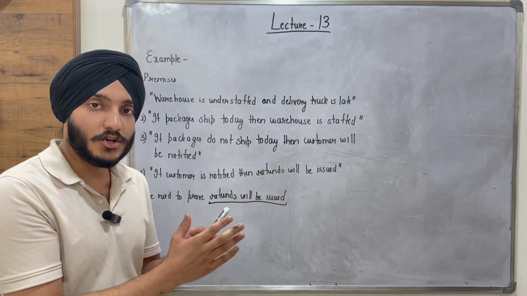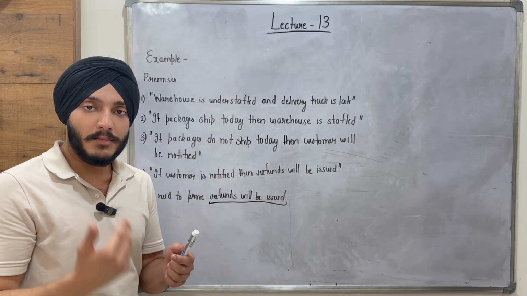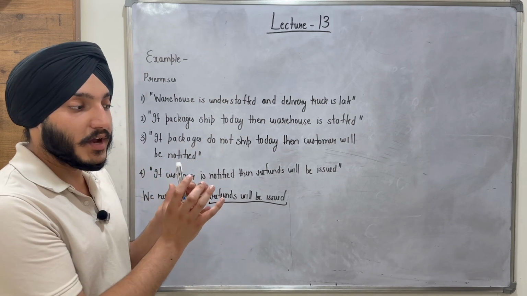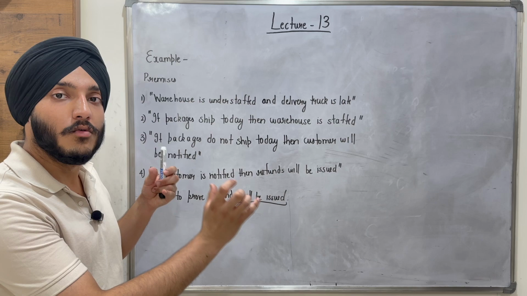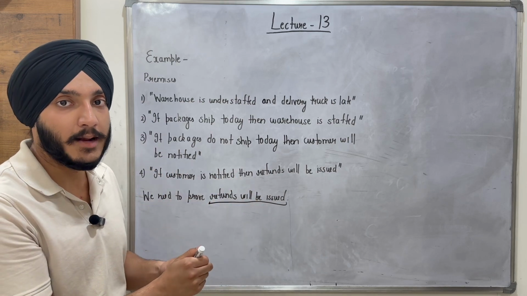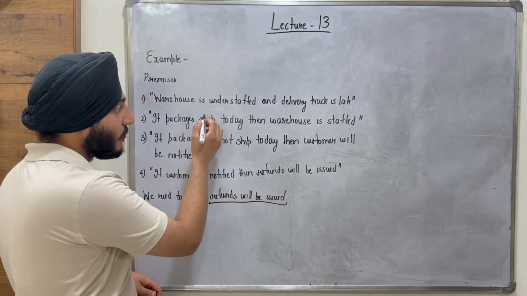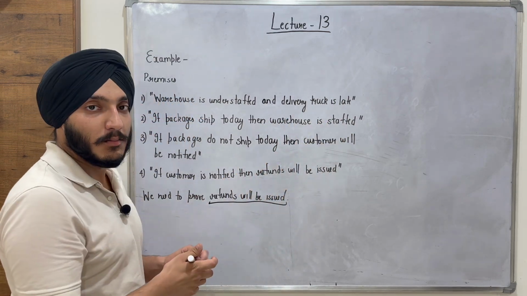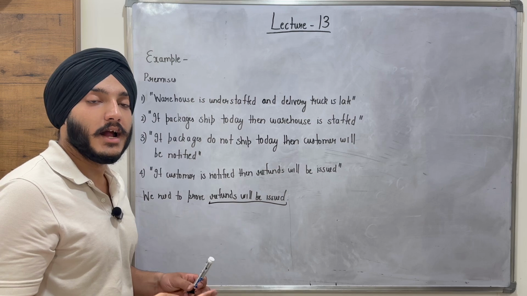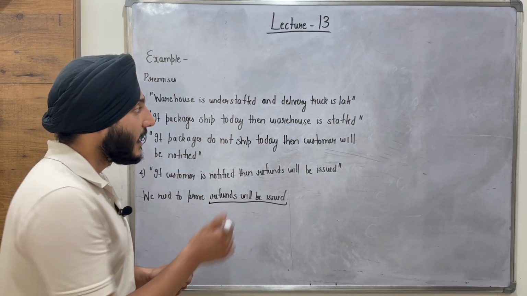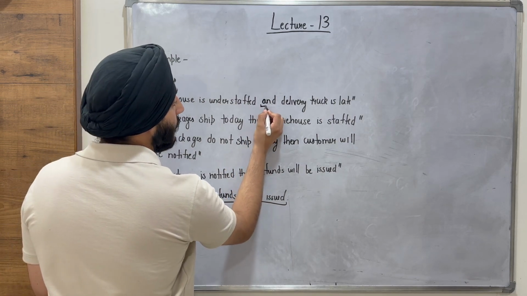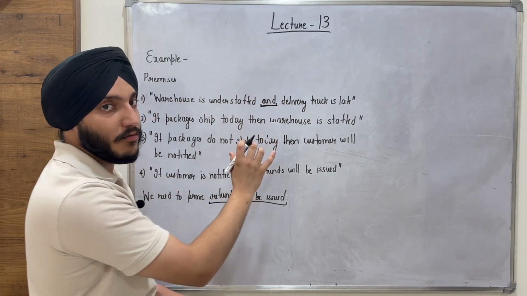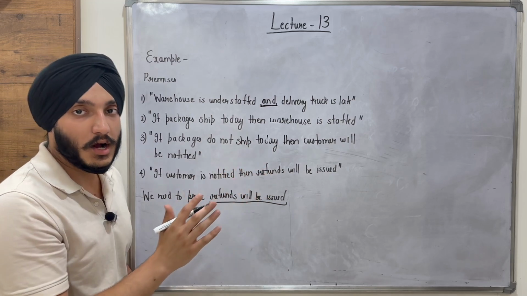Is it some kind of a conjunction? Is it a disjunction? Maybe there is an if-then statement in it. And then using that, I need to break it down into further propositions. So let's take a look at this: Warehouse is understaffed and the delivery truck is late. I need to look for symbols such as and, or, if-then, and if and only if. In this case, I see an and in between. Since there's an and, that means this is a combination of two or more propositions.